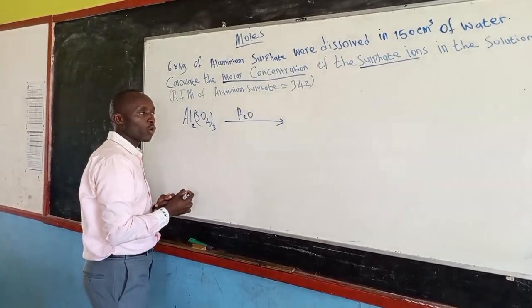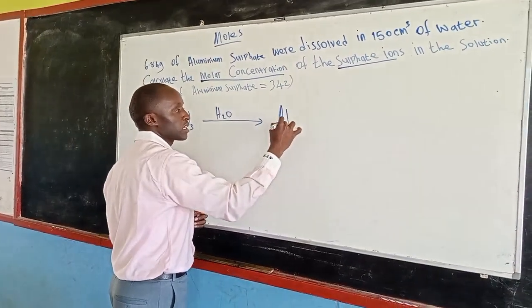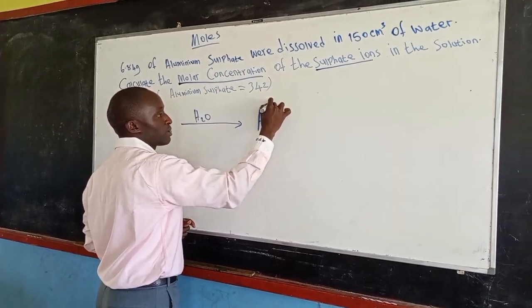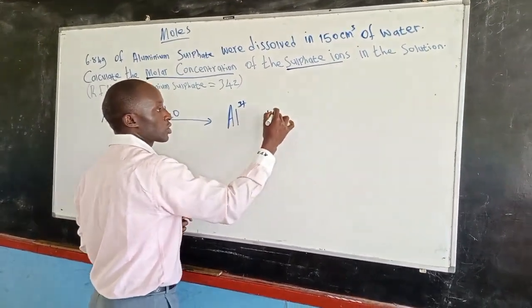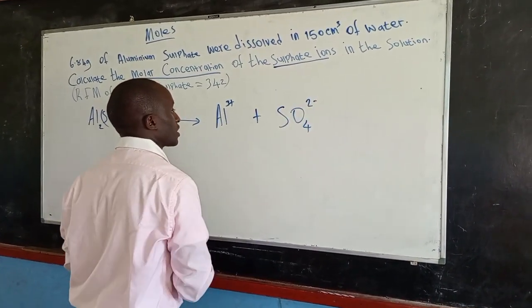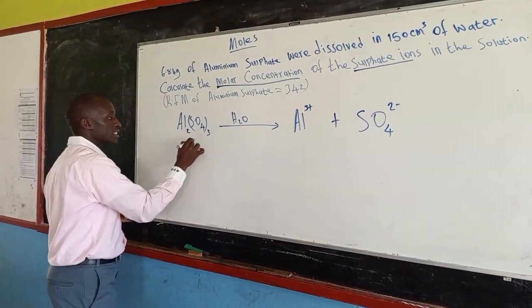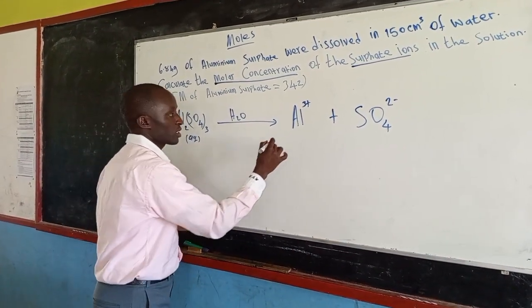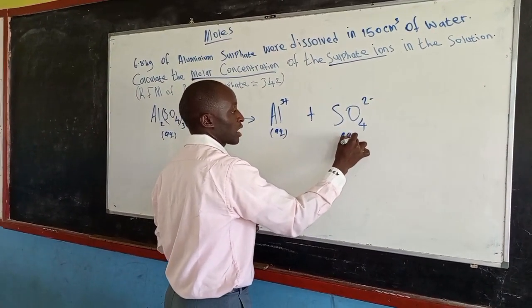It is going to dissolve and separate into aluminium ion, Al3+, plus sulfate ion, SO4 2-. This one is aqueous, definitely.